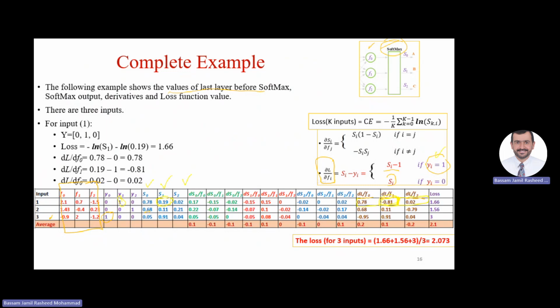Now, the rest of these s's go back as they are. Why? Because their output is 0, right? So now you can see here this s is 0.78, and here 0.02, for delta L over delta F.